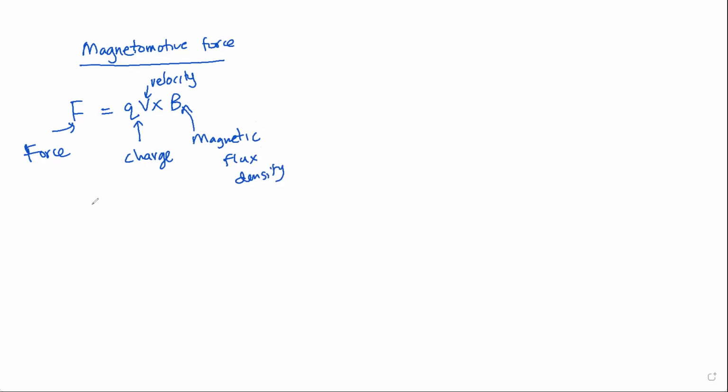So this equation we can expand further using the cross product definition, right? Can you tell me the expanded version of this equation? How can we write V cross B in terms of the cross product definition?